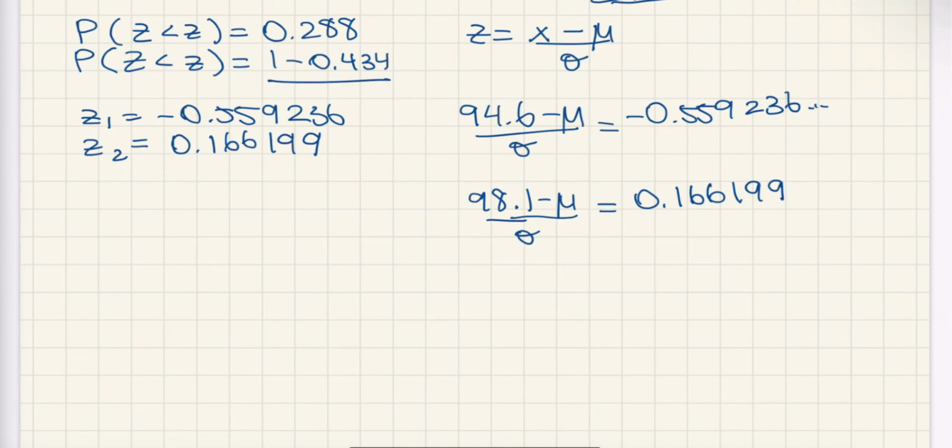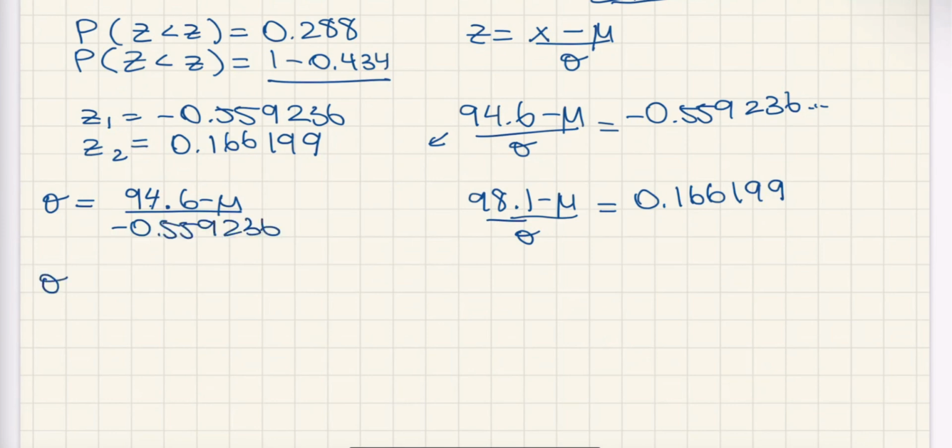Probably the easiest way to do this, I would say, is to multiply both sides by the standard deviation, kind of swap these, and then go from there. So for instance, based on this first equation, sigma is equal to 94.6 minus mu over negative 0.559236.